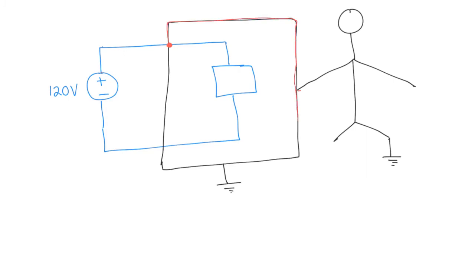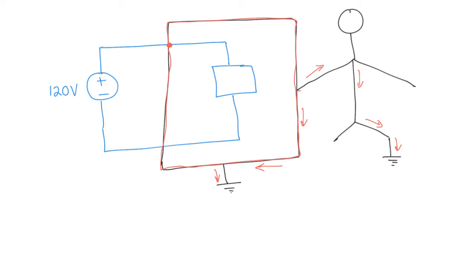But thankfully the casing is connected to ground as shown here, but the person is also connected to ground. So the current in this device is going to go through the person to the ground, and also some of the current is going to go safely into the ground. So there are two paths that the current can take.